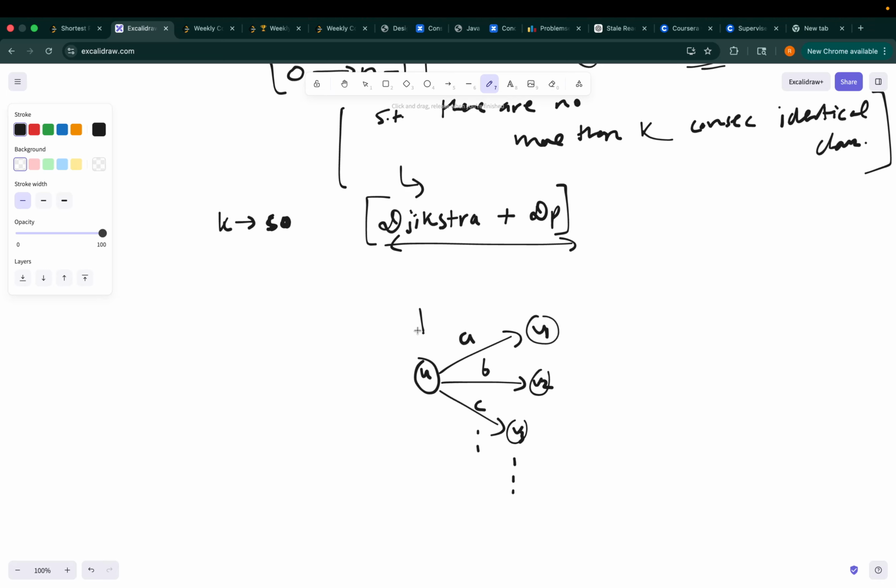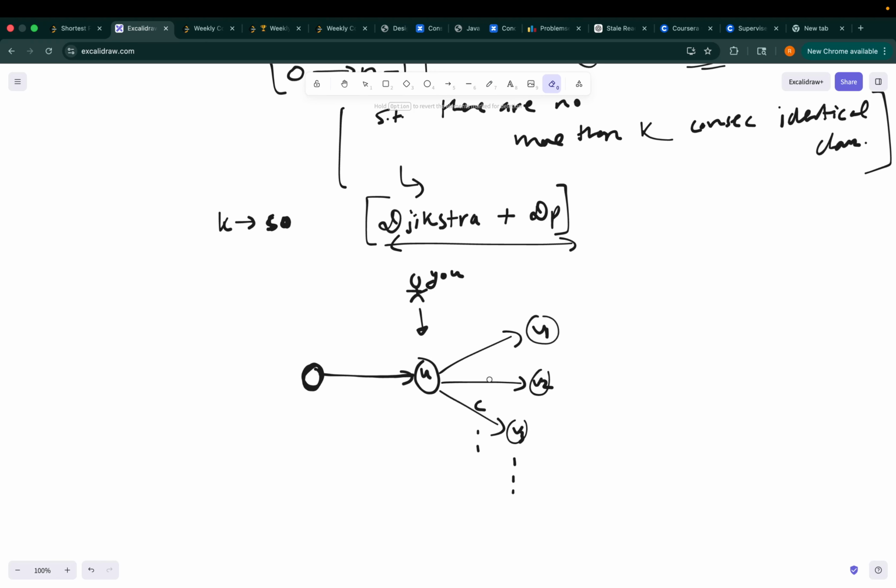And you're standing here, and let's say you came from somewhere. It doesn't matter where you came from. The nodes are the labels, not the edges. My bad.